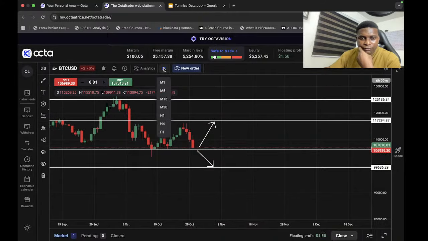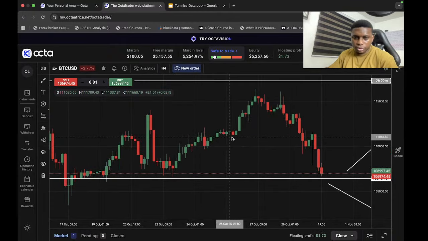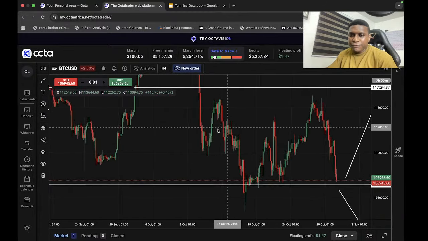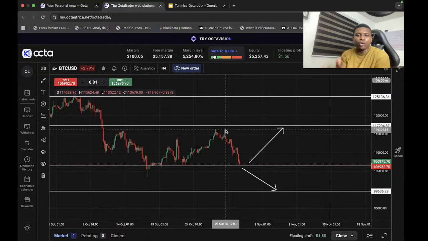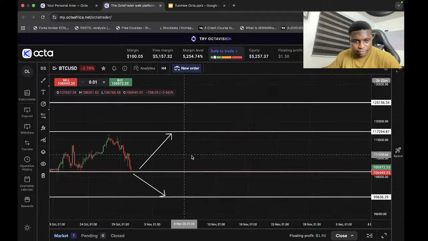So let's go down to the 4 hours time frame to further see. Now you can see that the 4 hours time frame is showing us that there is serious bleeding going on in the market. The market is seriously bleeding.